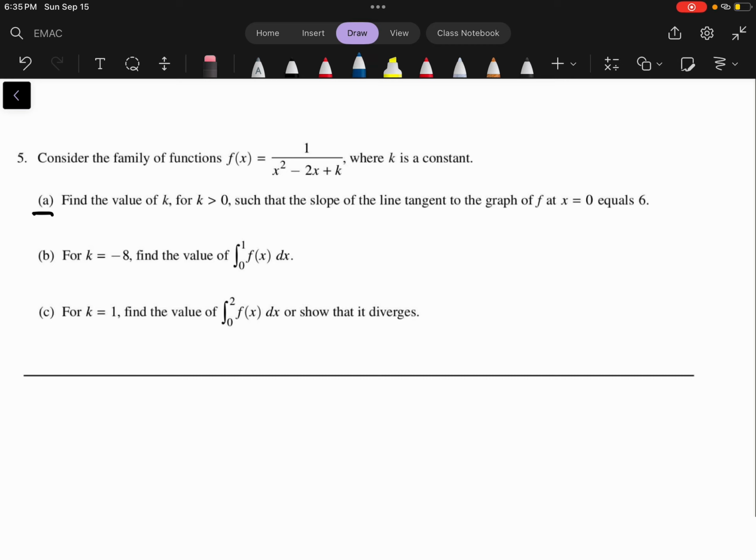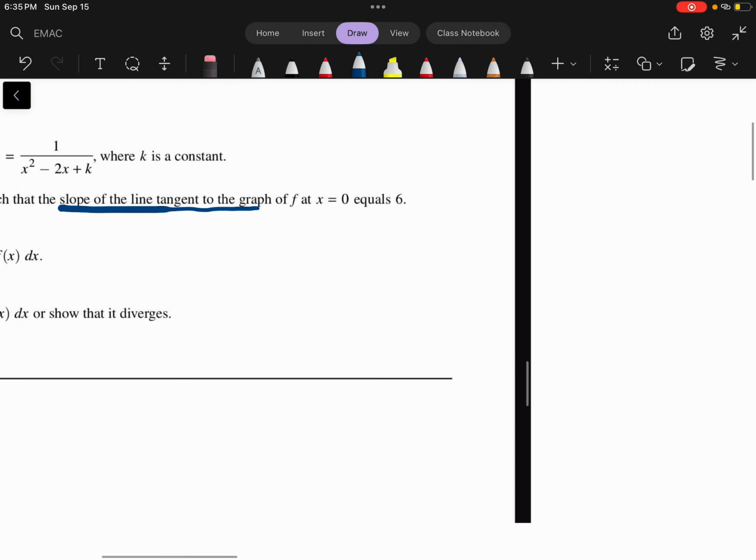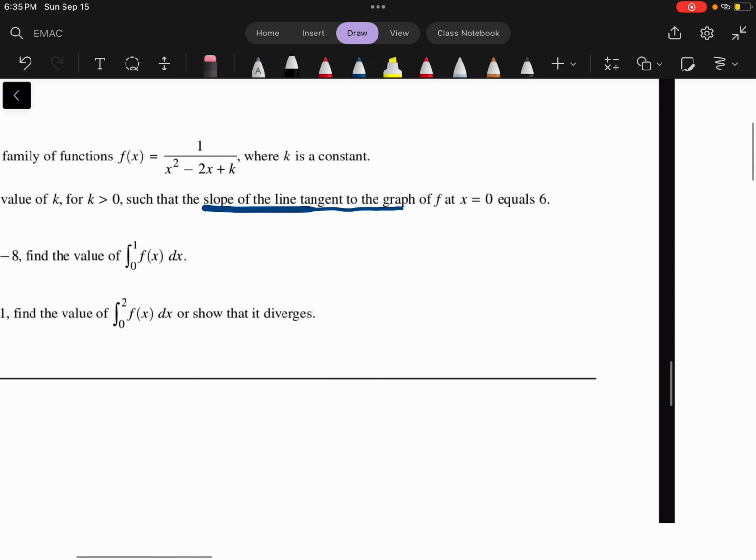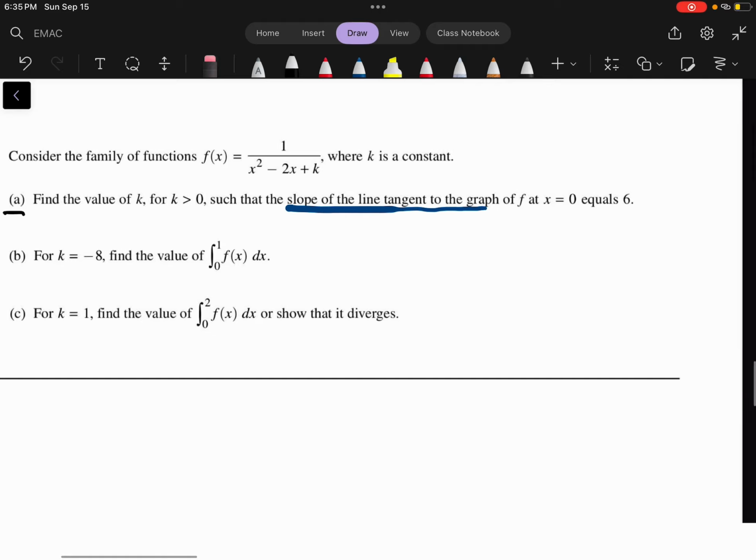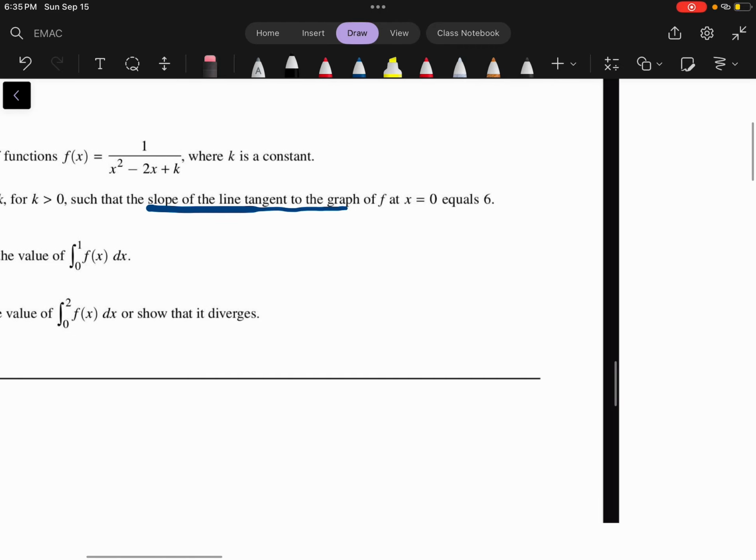The slope of the line tangent to a graph at any point is essentially its derivative, because the derivative is the slope of a function. So we have that the slope of the line, the first derivative, f prime of x at x equals 0, equals 6.